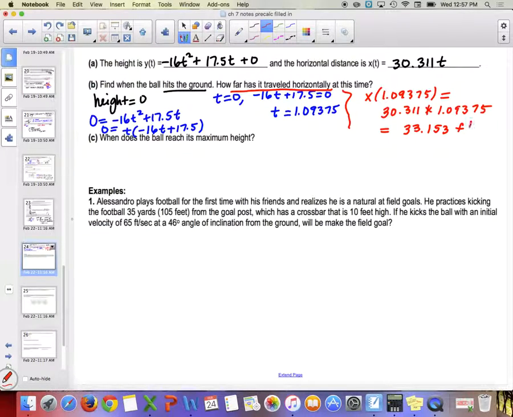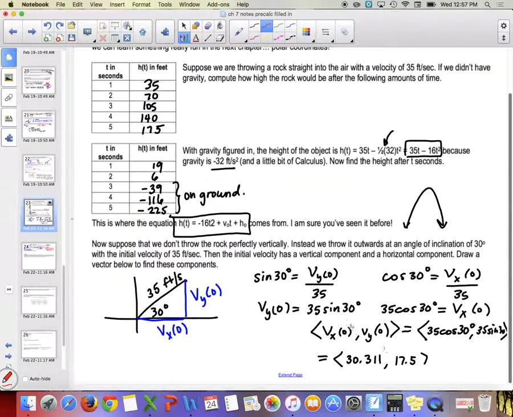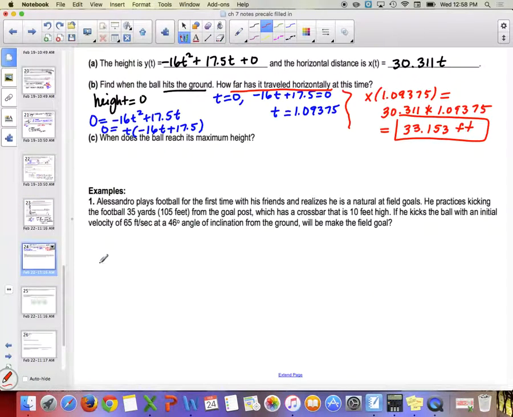Where did you get these 30.311? It is from when we did the sine and cosine. The 30.311 was our 35 cosine of 30. It's the x component for the velocity. I thought 1.09375 was when it hits the ground again.